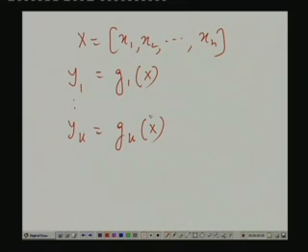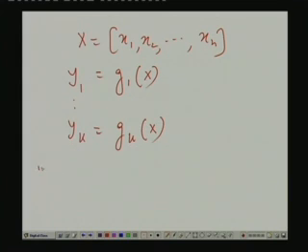But we will finally consider only the k equal to n case, because the other 2 cases can be easily handled, okay, if we know the result for k equal to n. Let us first see how that is possible, and then we will come to the k equal to n case and find out the expression for the joint density of the random variables y 1 to y k.